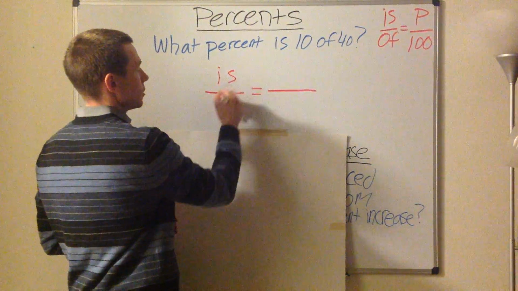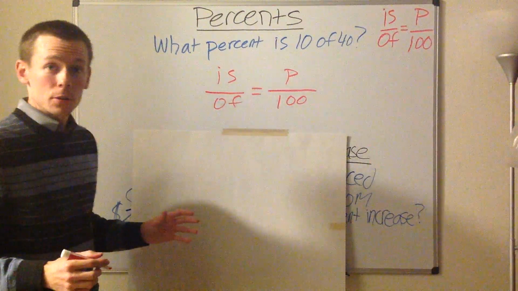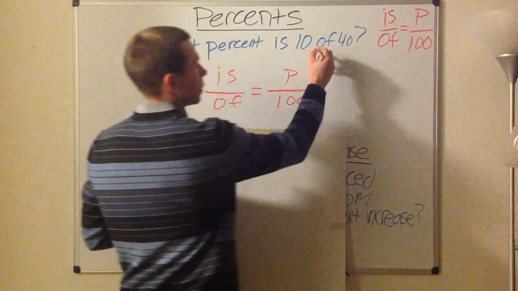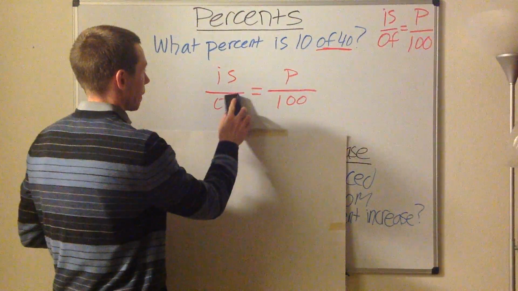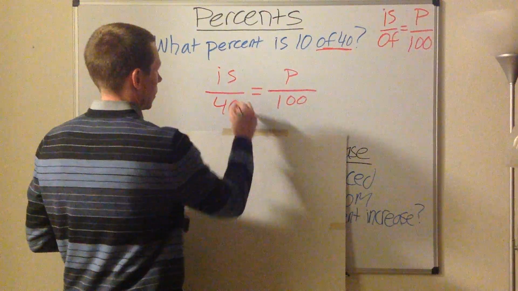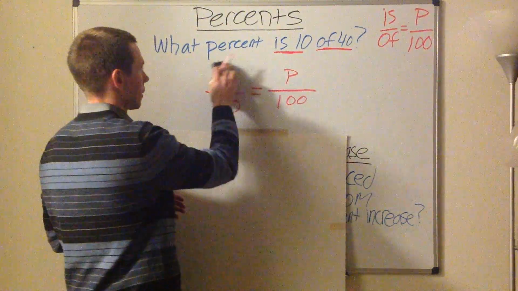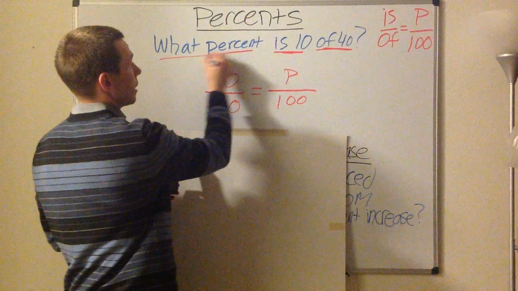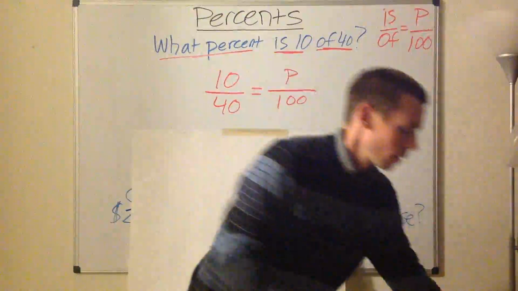Remember, this is over of equals P over 100. Okay. So do we have the of number? Yes, we do. Of 40. Do we have the is number? Yes, we do. It's 10. And then the question is asking us what percent, so that's the number we don't know. That's what we're looking for.